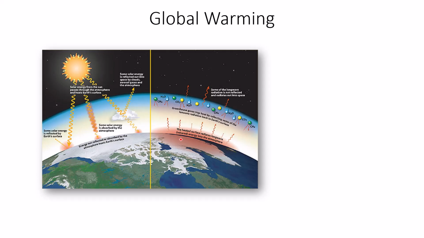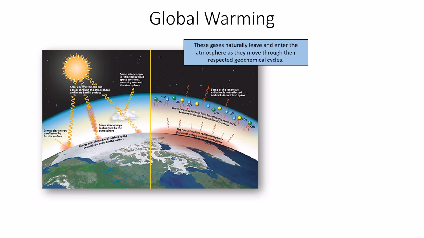As this heat re-radiates off the surface of a warmer planet, it's going to bounce off of these molecules, which are increasing in concentration in the atmosphere, and it's going to help hold that heat in. So the greater the concentration of greenhouse gases, the greater the heat retention of our atmosphere.